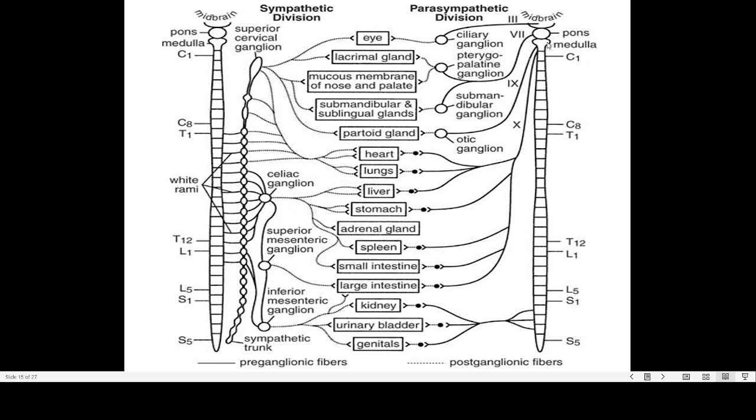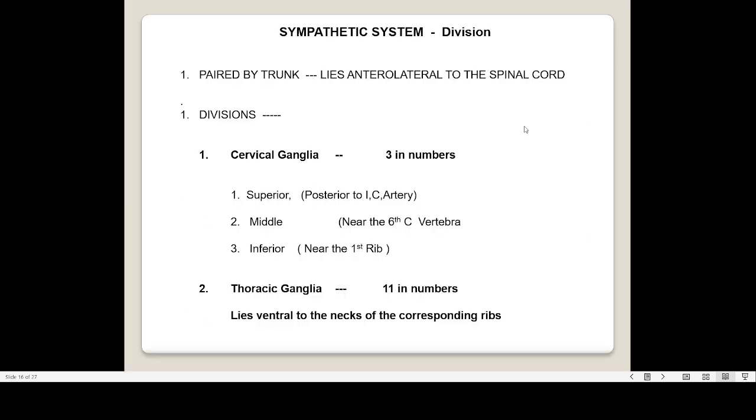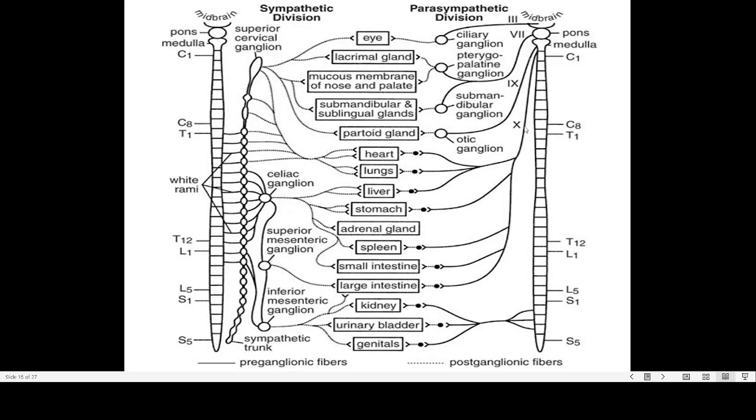Again in the parasympathetic, the cranial nuclei of the 3rd, 7th, 9th and 10th cranial nerves hold the cell bodies, and similarly sacral 2 to 4 segments of the spinal cord. That is why it is the craniosacral division.